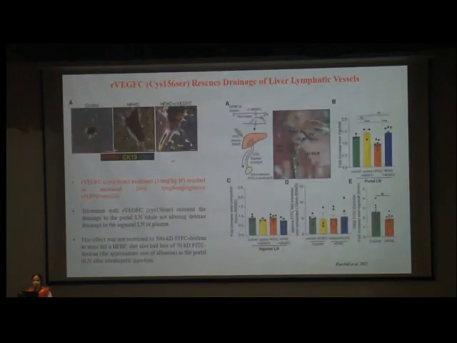This study also clearly showed that if we give recombinant VEGF-C, it improves the drainage of the lymphatic system. This was seen by looking at the drainage in the portal lymph nodes, and it was not observed in the inguinal lymph nodes or in the plasma. So again, VEGF-C is improving lymphatic vessel proliferation in the liver and the lymphatic drainage.